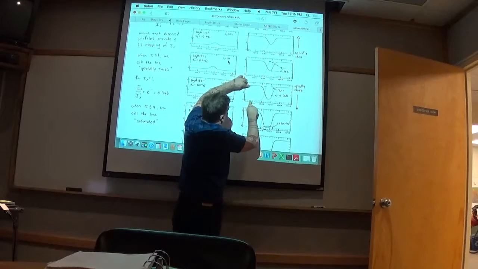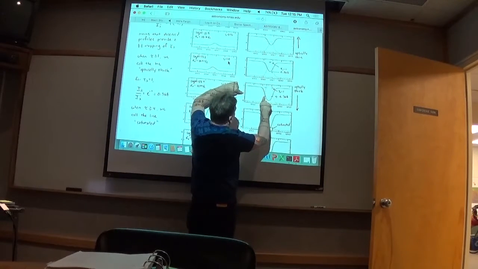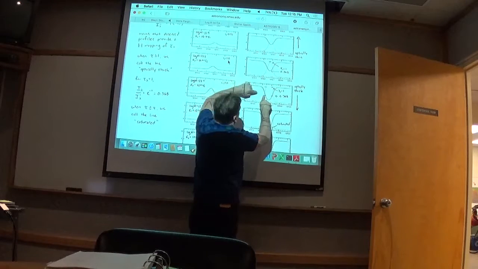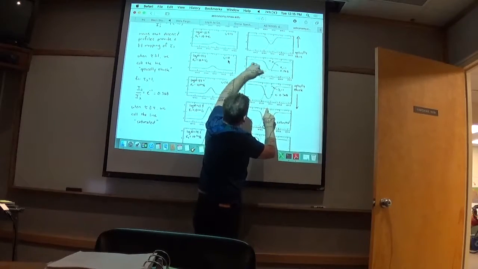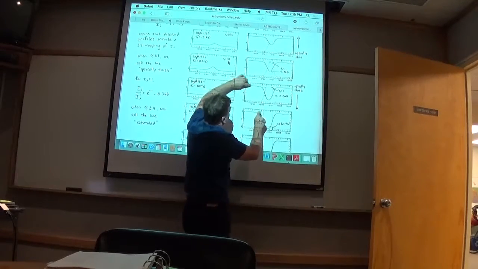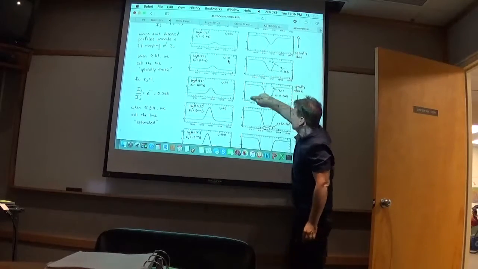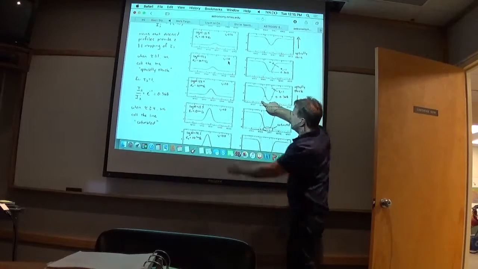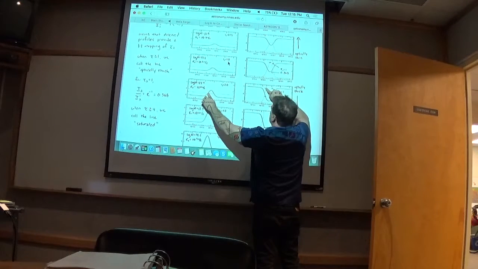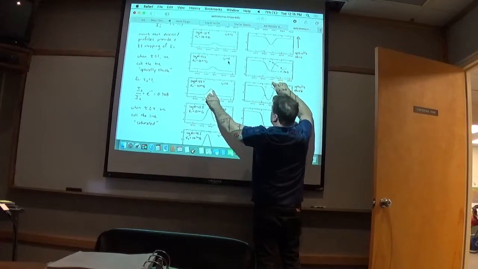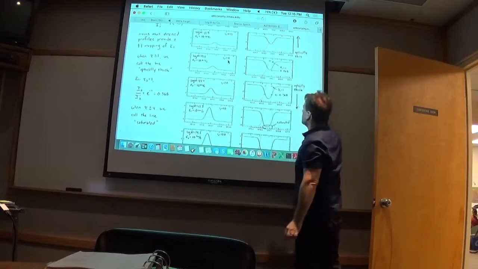So optical depth 0, 0, 0, 0, optical depth rises, optical depth of unity, optical depth greater than unity. It's up to 2 up here in the core. This is 1. And here's optical depth of unity. So optical depth increasing along here, gets to unity right there, and then goes up to 2, off the chart, comes down to unity. When you do that, what absorption profile do you get?